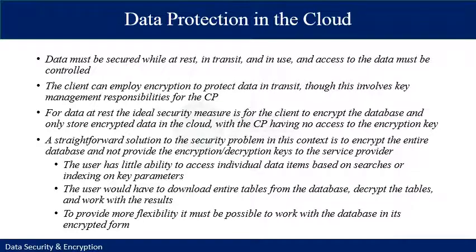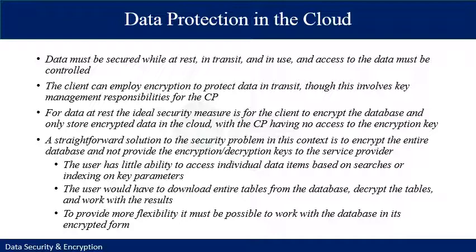So the data must be secured while at rest, in transit, or in use, and access to the data must be controlled. The client can employ encryption keys to protect data in transit, though this involves key management responsibilities for the cloud provider.